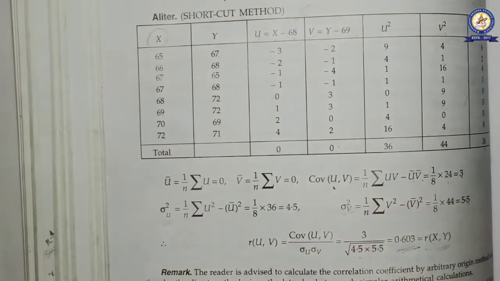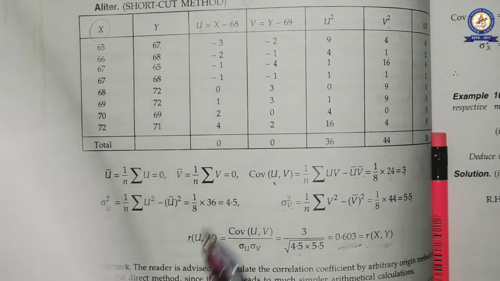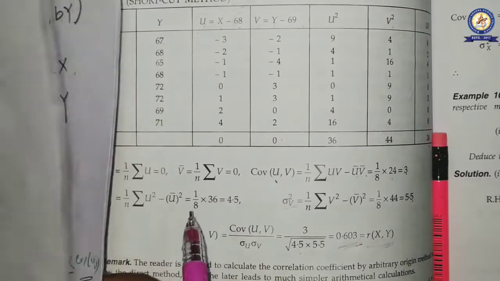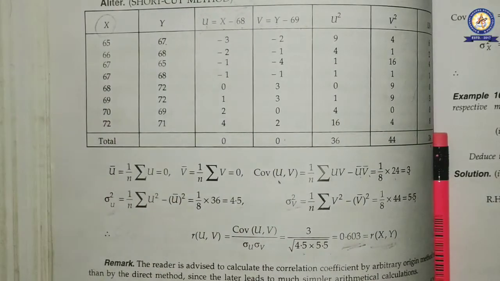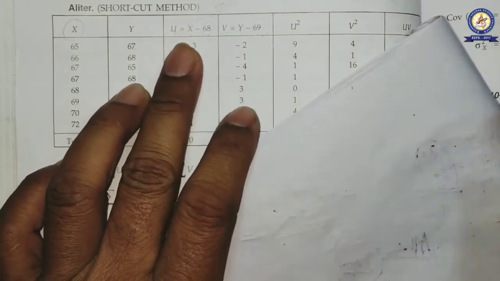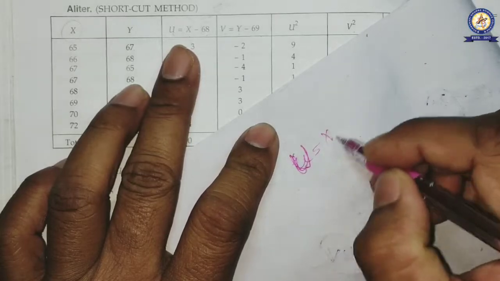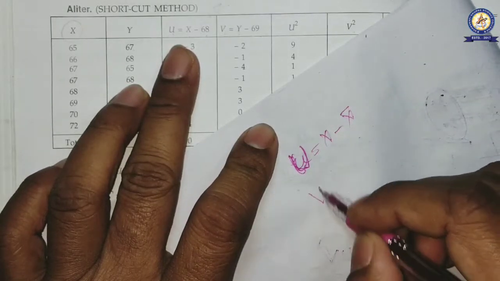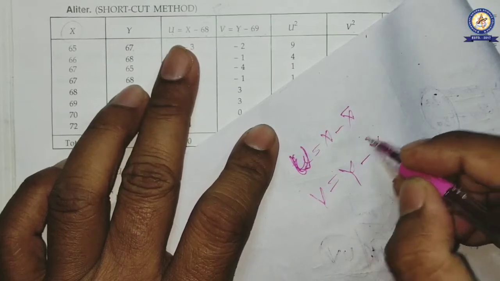And here, one thing you may think in your mind, or you can ask the question: in this book the author has considered that u, a new random variable, is nothing but x minus x mean, and v is another random variable, y minus y mean.